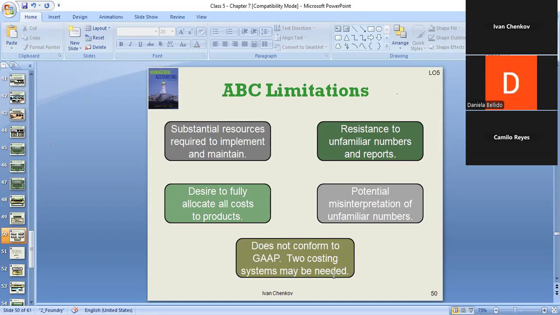You don't know the prime reason why a person is looking for that information, and revealing it to that person might be crucial for something else. And the last thing is that activity-based costing is not compliant with generally accepted accounting principles. For that reason, every company using an activity-based costing system has to run 2 accounting systems.